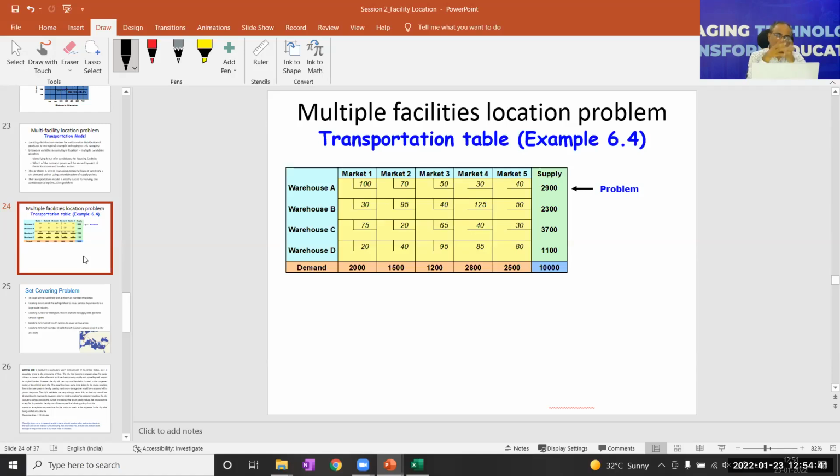Based on that decision, we can use the transportation model. Or if we have multiple plants and multiple warehouses, which plant should supply material to which warehouse? That kind of distribution situation can be handled using the transportation model formulation.